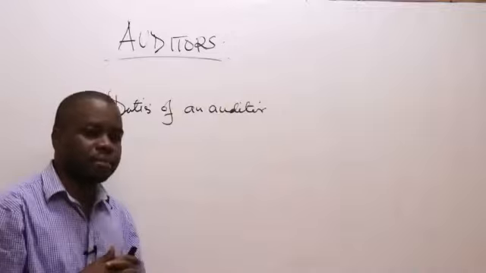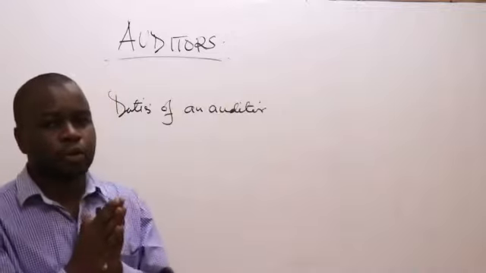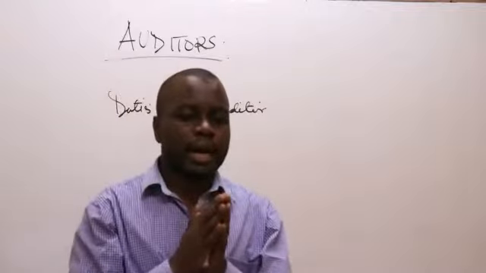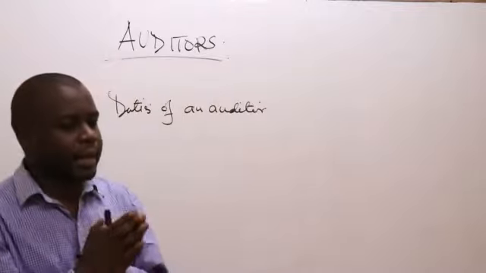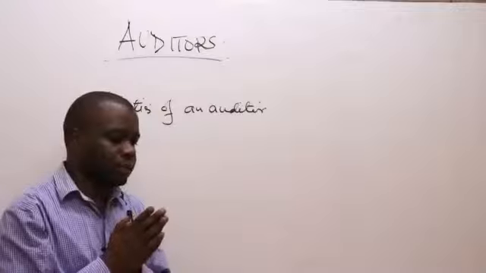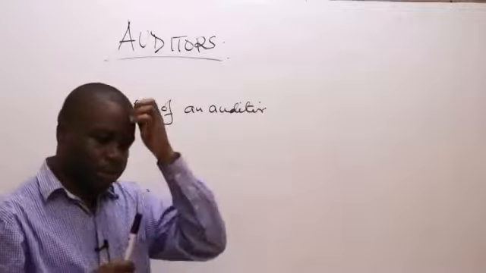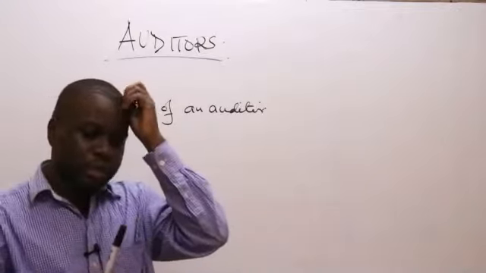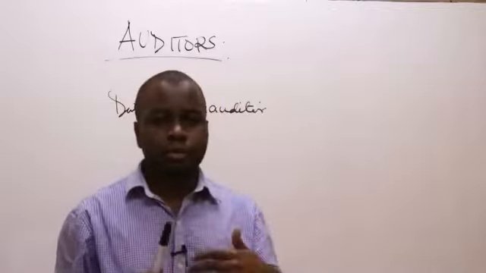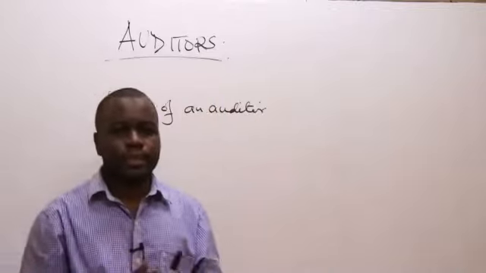Then he must be able to ensure that he's following all those particular rules as outlined by the Accountants Act. Because of course, when you're practicing as an auditor, you must ensure that when you are carrying out your work, you meet certain professional standards.